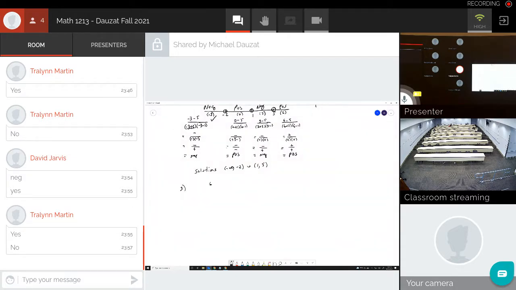Suppose I had 6 divided by x plus 5 is less than or equal to 0. That looks so much simpler than the others. But for some reason, students find this a little bit more difficult. Only the numerator part they find difficult, because there's no x in there. You don't see a variable at all.